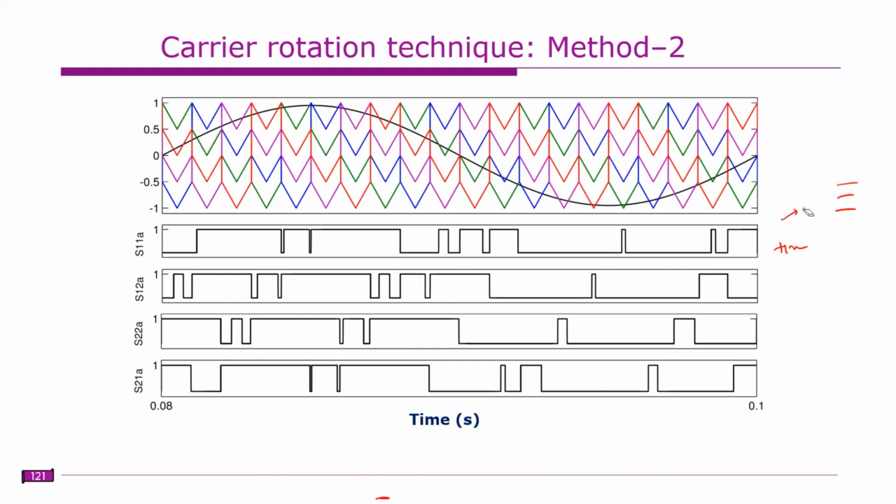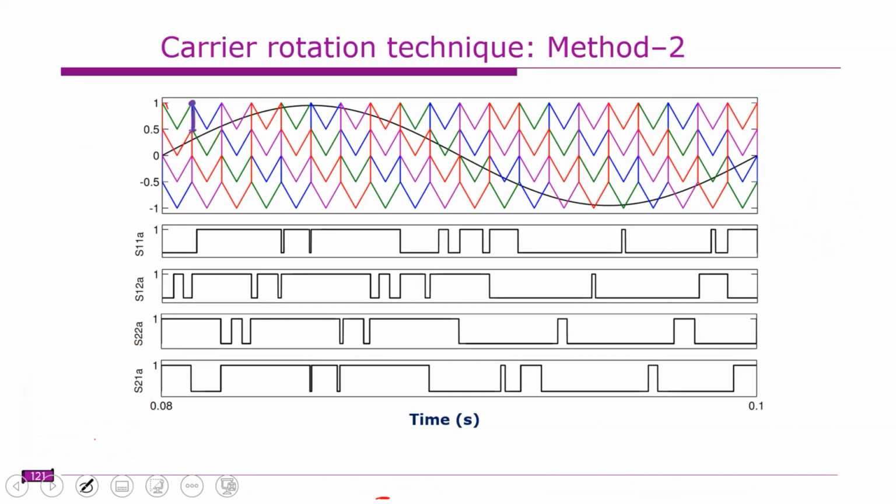The disadvantage with this carrier rotation is that sometimes, if you observe this waveform, the green one, earlier it is at this 1 point here, and from this here there is a change from +1 to 0.5.